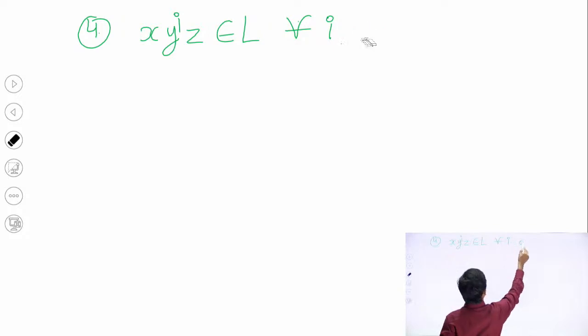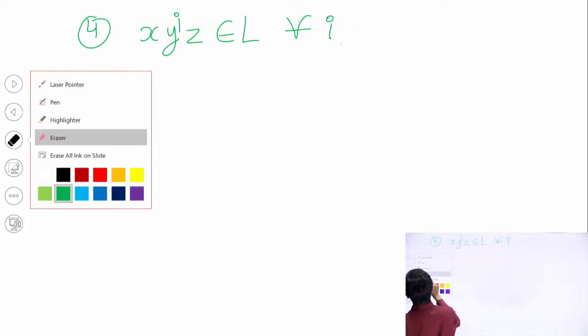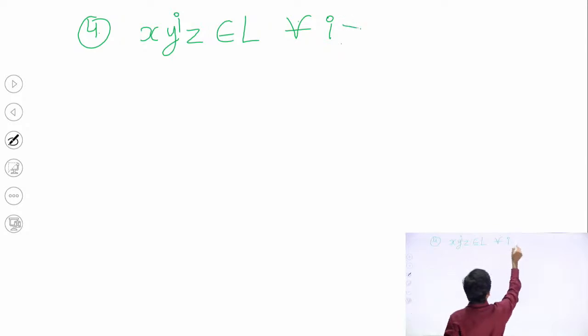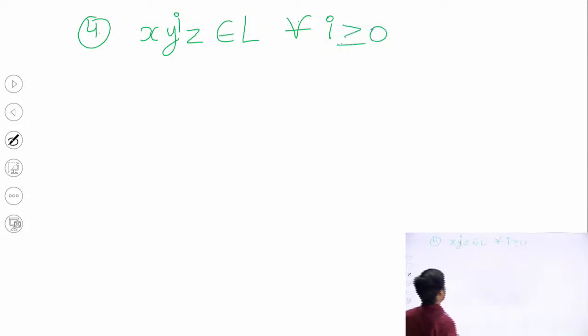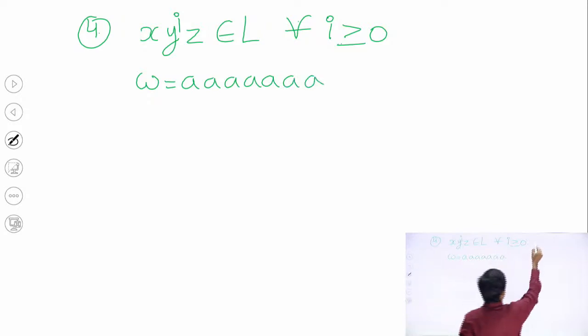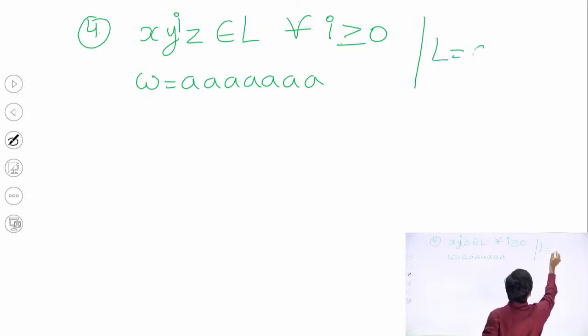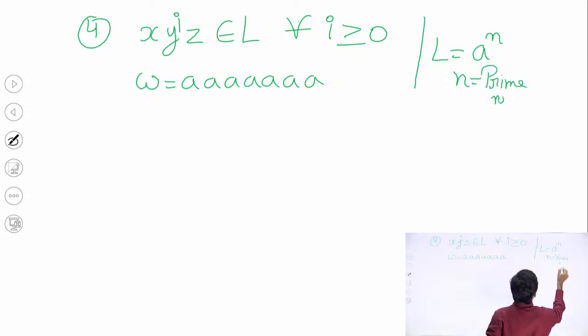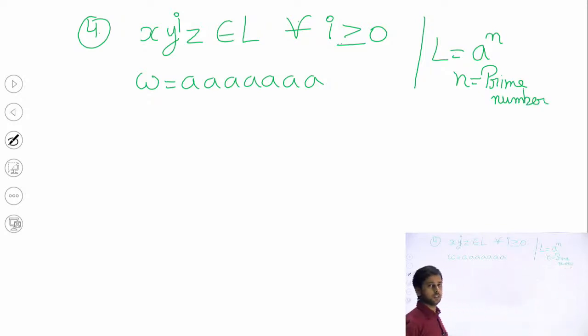Here W is 7 times a, this is my W, and what is the language? a raised to power n, where n is a prime number.